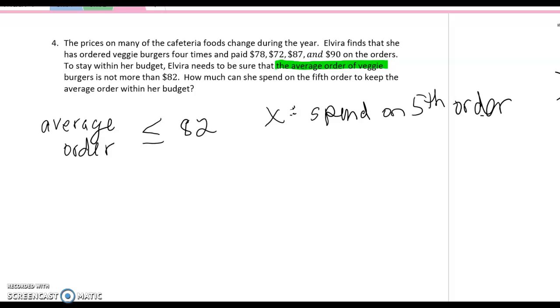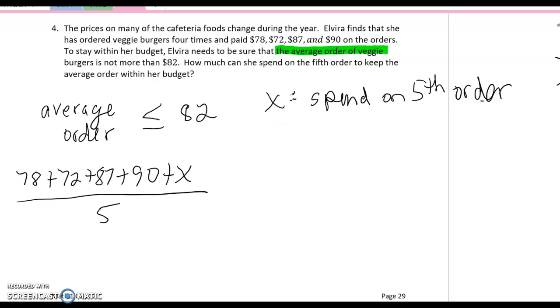Since here we're talking about the veggie burger orders, we need to add up all those values and divide by the number of values. So here I'm adding up 78 plus 72 plus 87 plus 90 plus also x. Remember, she's doing 5 orders of the veggie burgers. So we add up all of those and divide by 5. This represents the average order. And we want that average order to be less than or equal to 82.